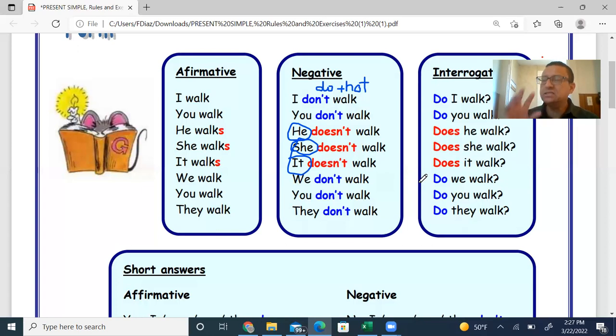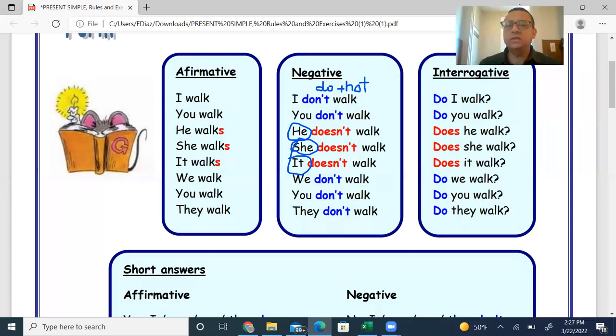This is like a mechanical thing, like a car. You need to put a special piece on it so the car can drive properly. Some people will try to translate this. Don't translate. I walk, I don't walk. This is just an extra verb that you put so you can write it grammatically correctly.